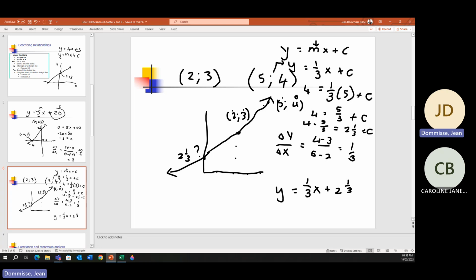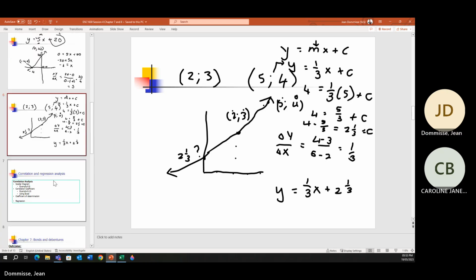It will not be thirds or anything like that when you need to do the straight lines. That's another way one can look at it when you only have two points. Okay, I just want to make sure that we've covered that.